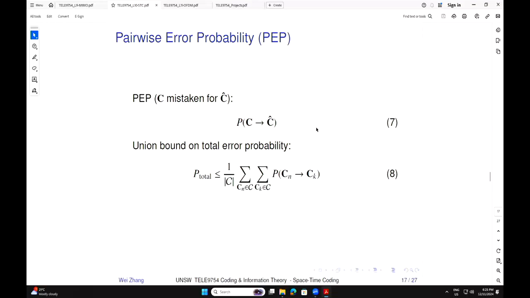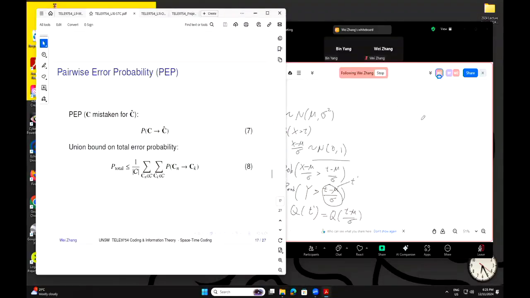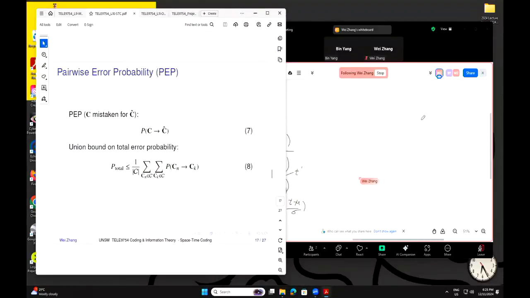It may be true, may be false. And the PEP is defined so that when C hat is not equal to C, we say there is a detection error. I still want to use the whiteboard so you can have a visual image of what I say here. So this C goes through the transmitter and is sent out.